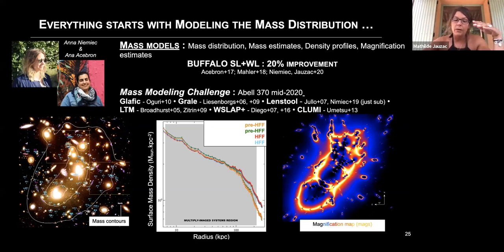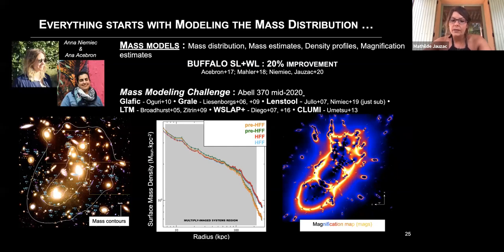Anyway, in BUFFALO, and that was inherited from the Frontier Fields campaign, we have a mass modeling challenge with all the clusters being modeled by basically almost all the teams that are doing lensing mass modeling in the community.